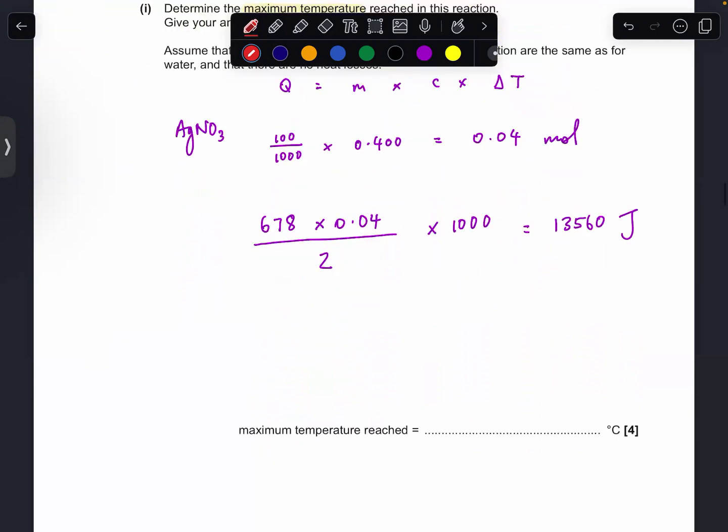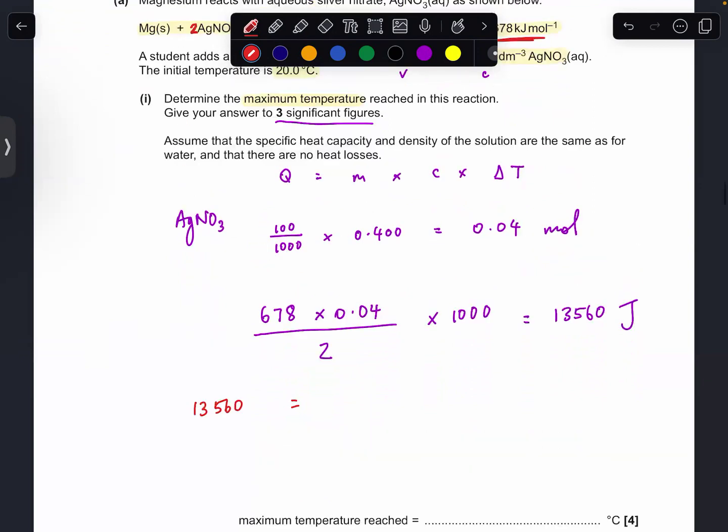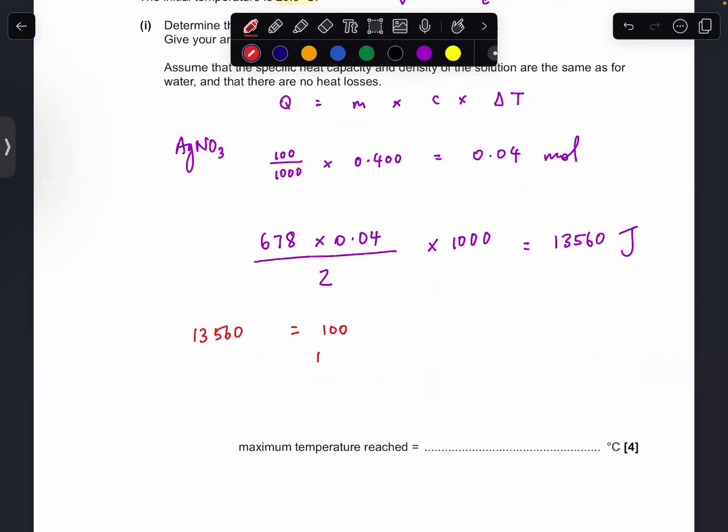So you've got Q equals mc delta T. So Q is 13560. M is the mass. We assume 1 centimeter cubed is equal to 1 gram, because that's the medium in which the temperature difference is being measured.